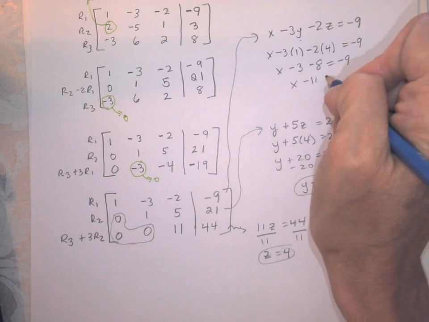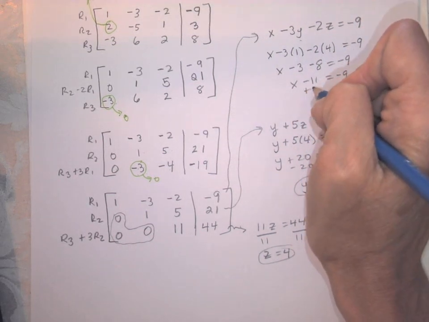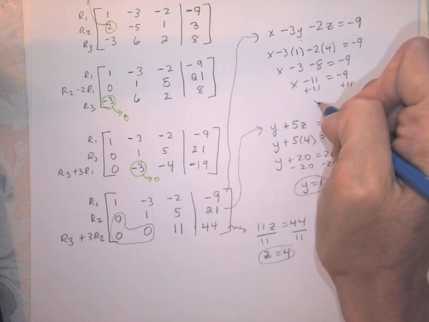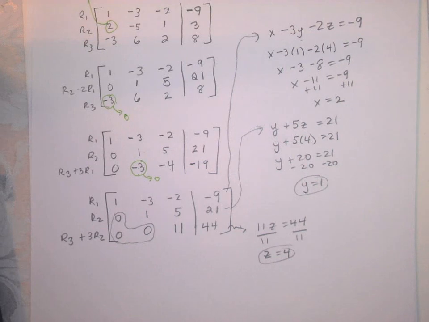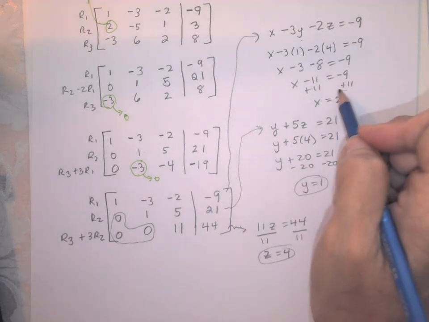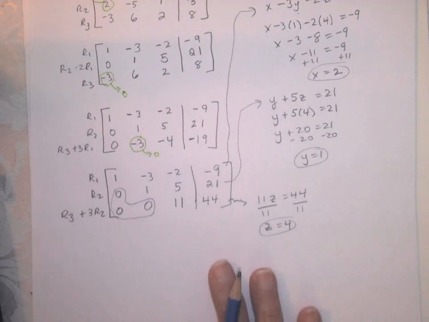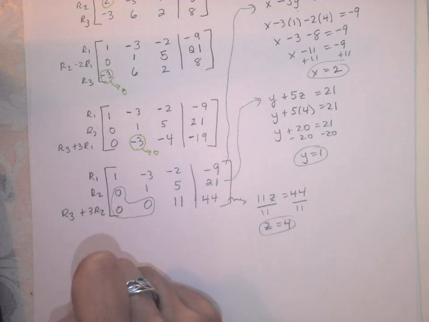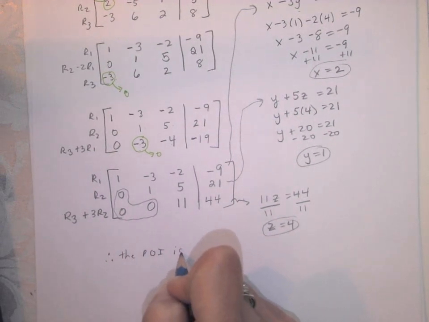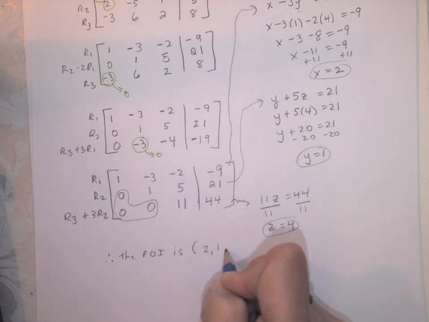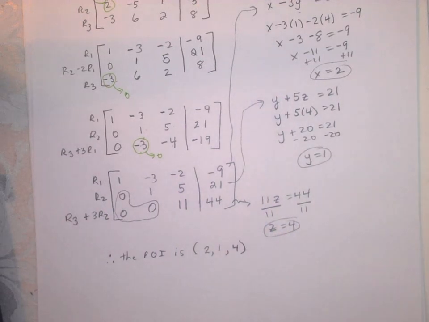X minus 11 equals -9. And we get x equal to 2. So that would mean that therefore, the POI is 2, 1, 4.